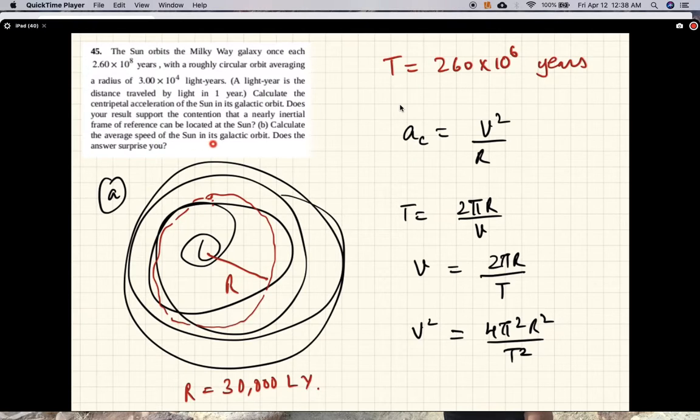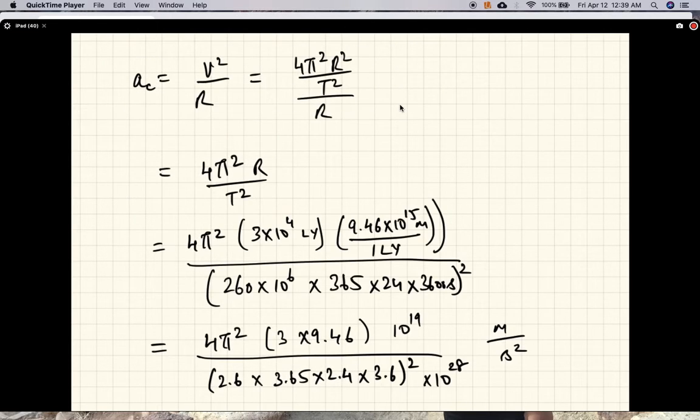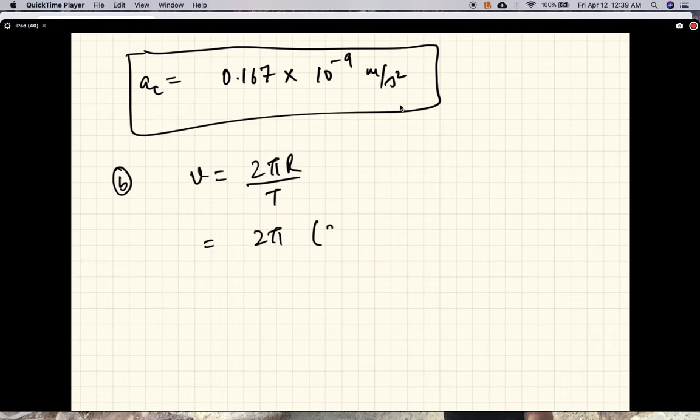Okay, calculate the average speed of the sun in its galactic orbit. So now we'll calculate the orbital speed. The orbital speed is 2 pi r divided by the period. And we have those numbers. r is 30,000 light years, and each light year is 9.46 times 10 to the power 15 meters.